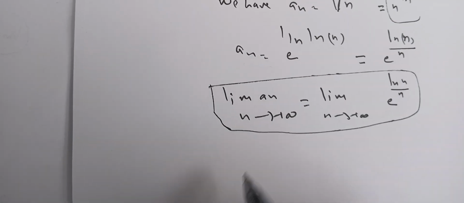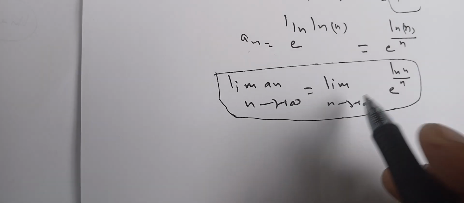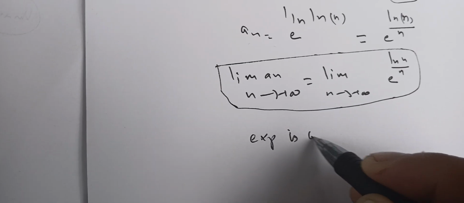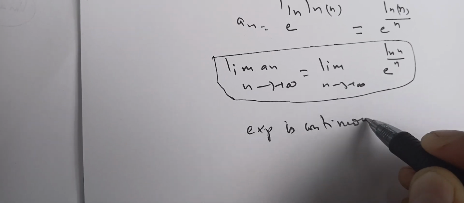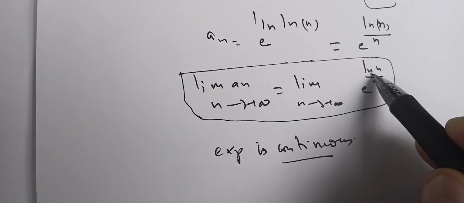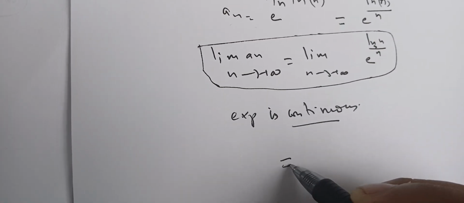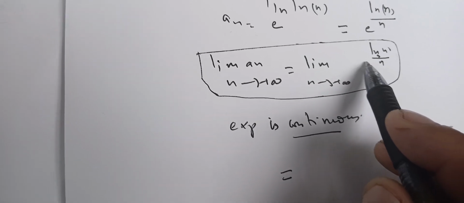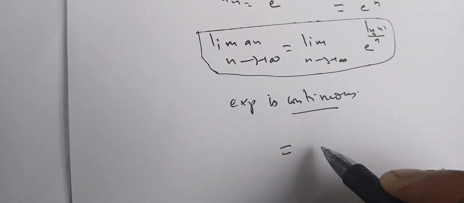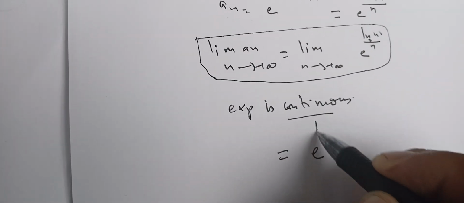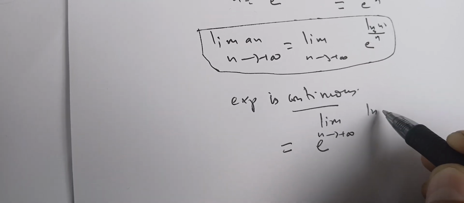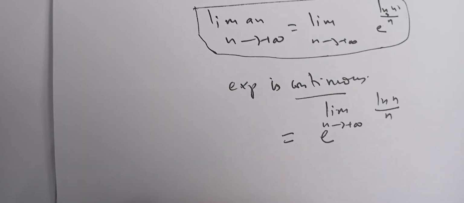One technique is that since the exponential is continuous, we're going to enter the limit inside. Because this limit exists and the exponential is continuous, we're going to do the exponential of the limit as n goes to infinity of ln of n over n.